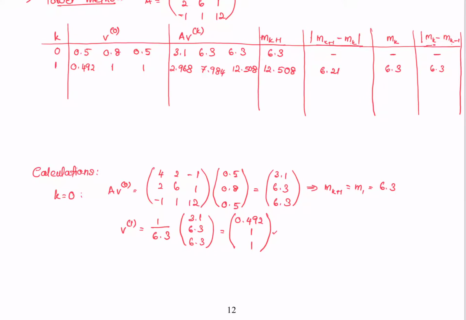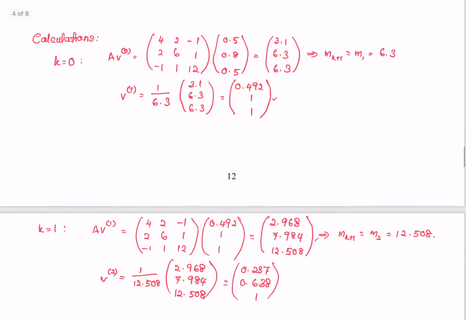Okay, so now next we proceed with k equal to 2 because our epsilon is still greater than 0.05.